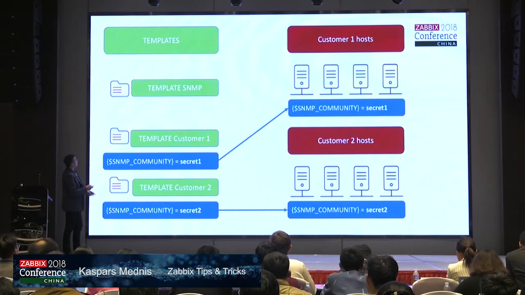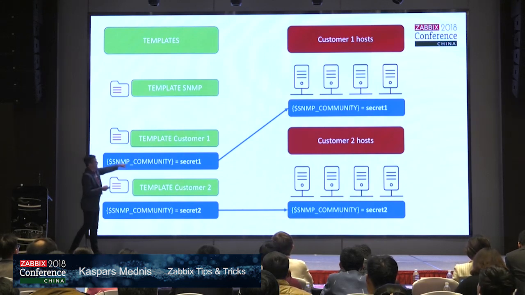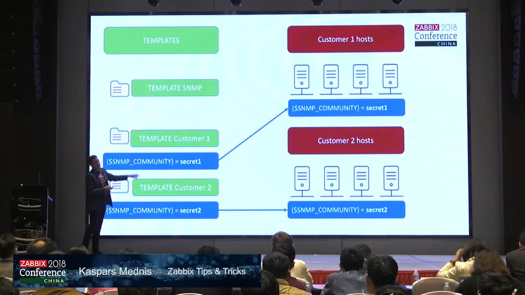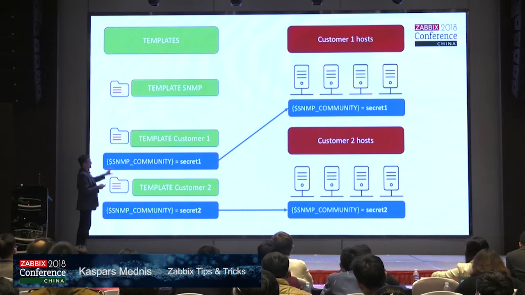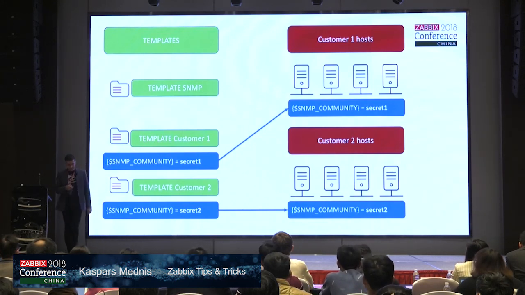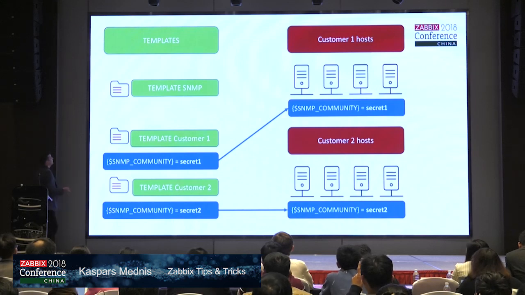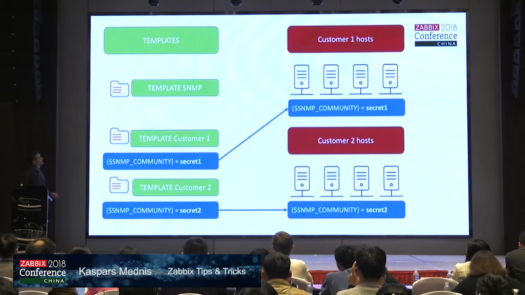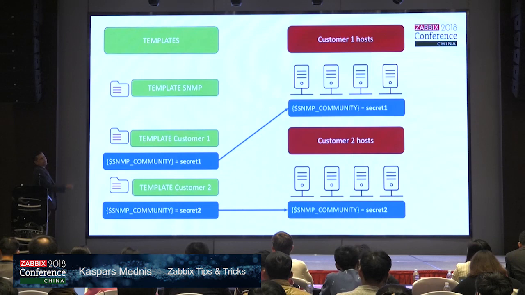So you can live with a template SNMP which collects all the data and which uses this SNMP community in items. But the SNMP community name is coming from another template, which is empty, which just supplies macros. And with such a design, you can use the template SNMP for an unlimited number of customers.